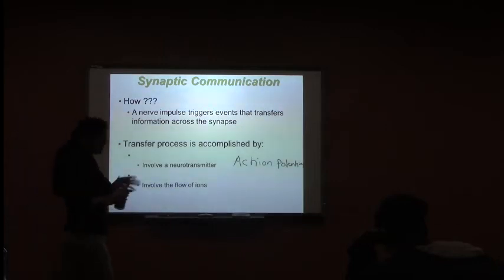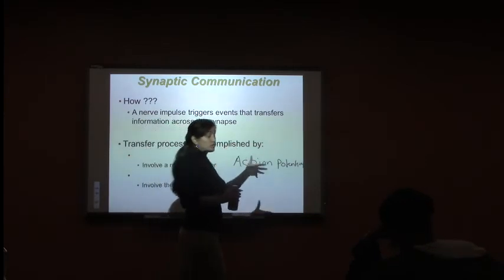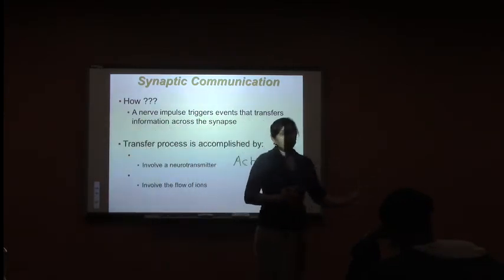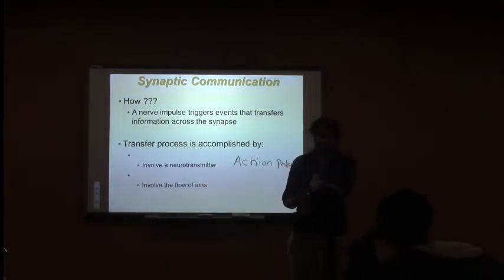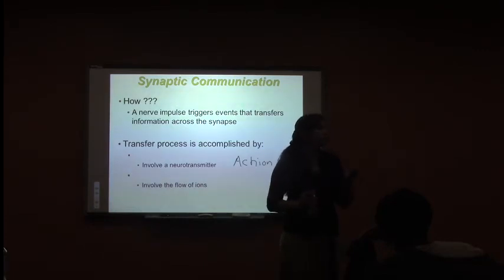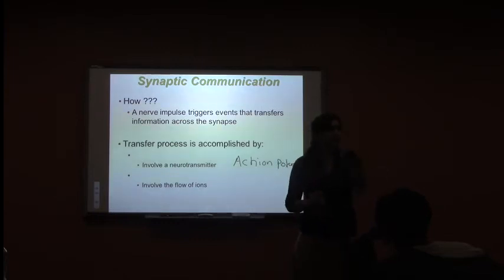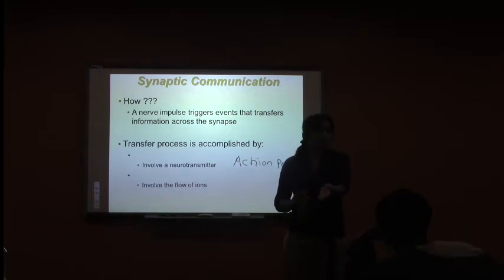Action potential actually starts at the axon hillock. As soon as it arrives at the axon terminal, it causes the neurotransmitter to be released. Now the neurotransmitter is released within the synaptic cleft, or the neuromuscular junction. That chemical signal, the neurotransmitter, is going to bind to the receptor on the postsynaptic membrane.